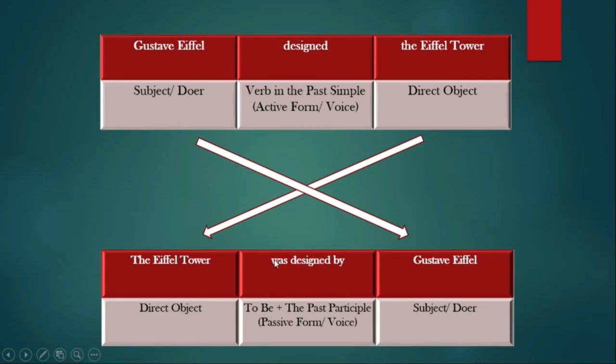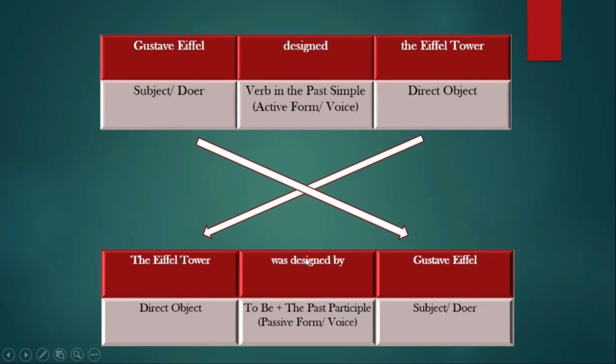And before that, we have to be in the past. As you know, to be in the past must be was or were. And when you say was, that means the direct object is singular. But if the direct object was in plural, I say were. For example, when I say the Eiffel Tower and the Statue of Liberty were designed, I don't say was.